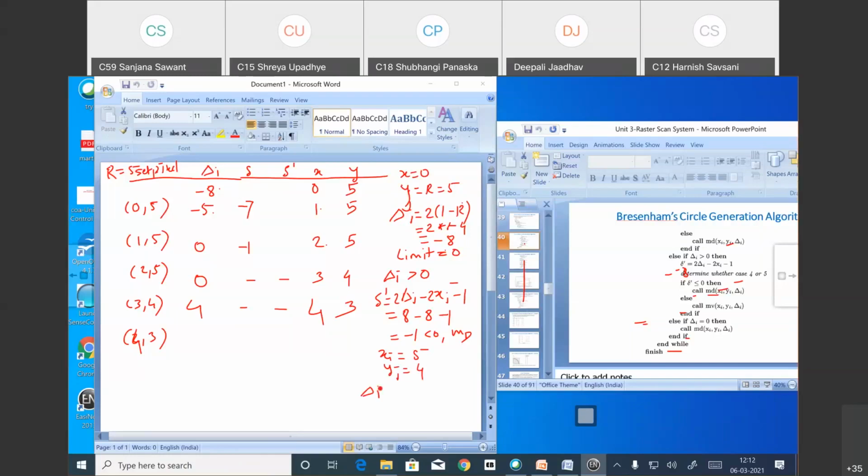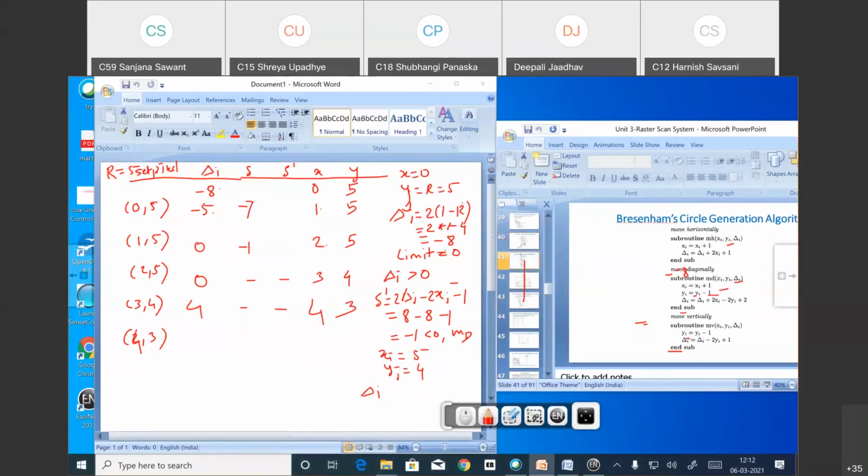What is the equation for that? For diagonal, the equation is delta I is equal to delta I plus 2xi minus 2yi plus 2. So calculate it.